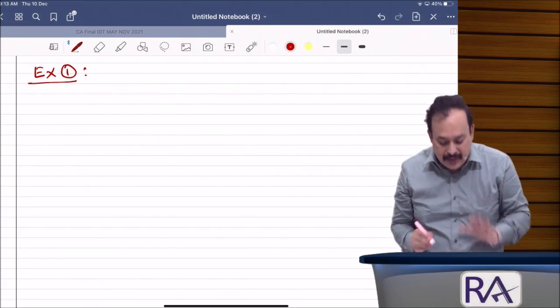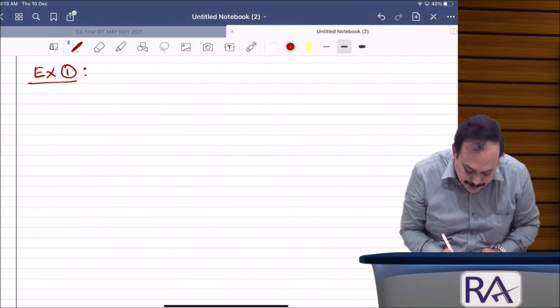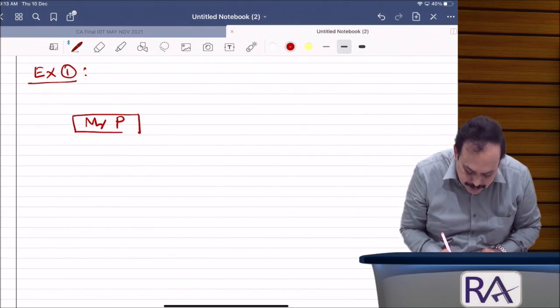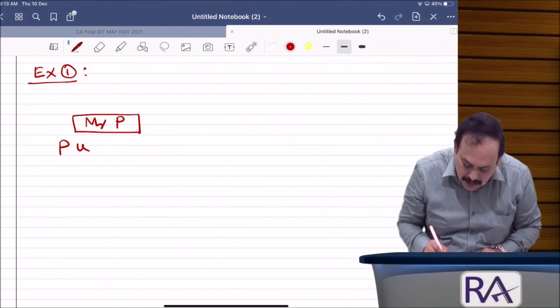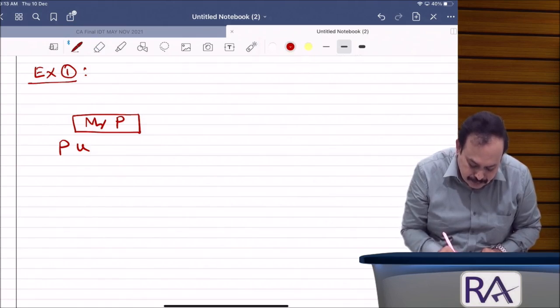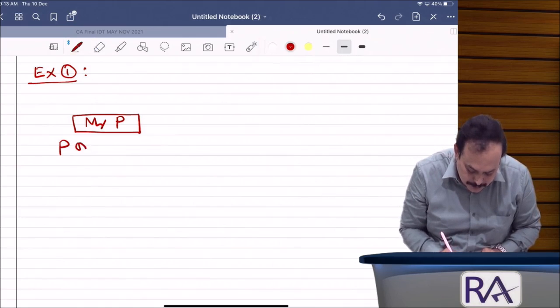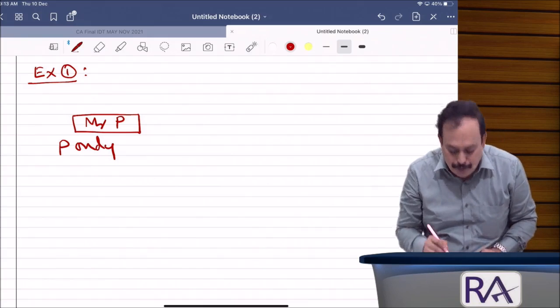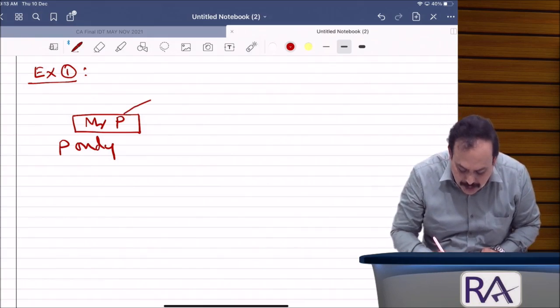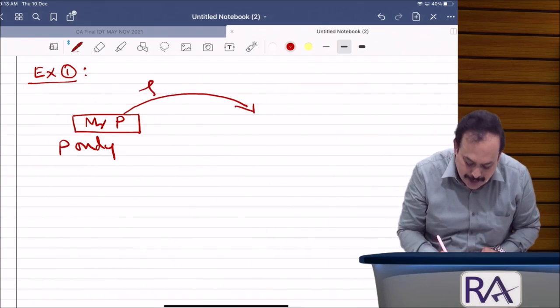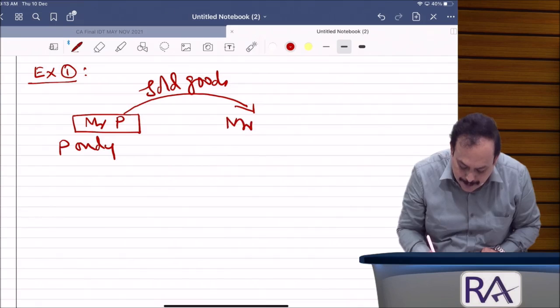My dear sir, let us say Mr. P of Pondicherry, Puducherry, supplied goods, namely sold goods, to Mr. C of Chennai.